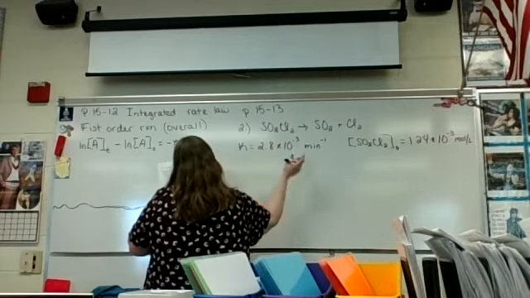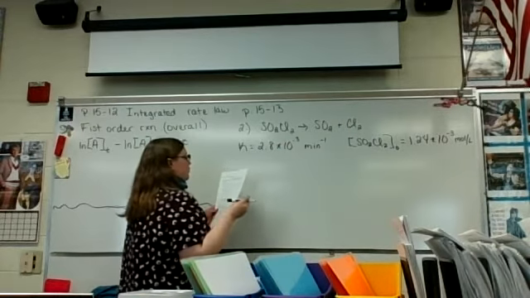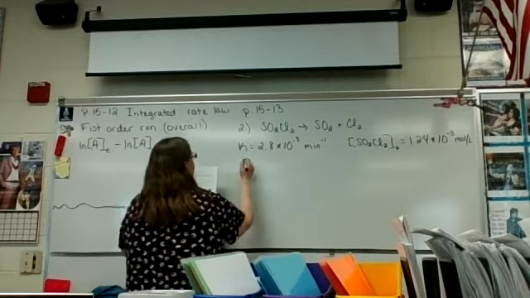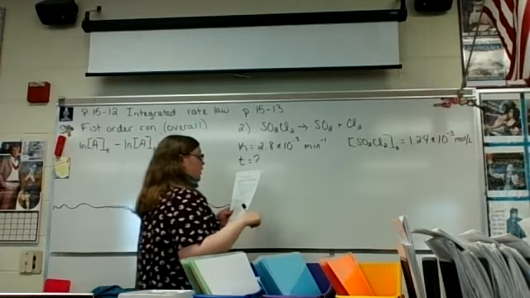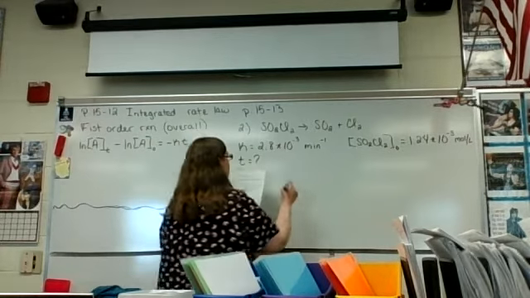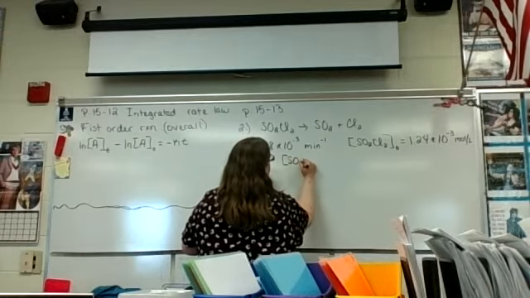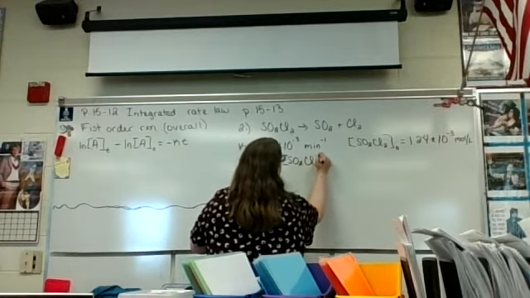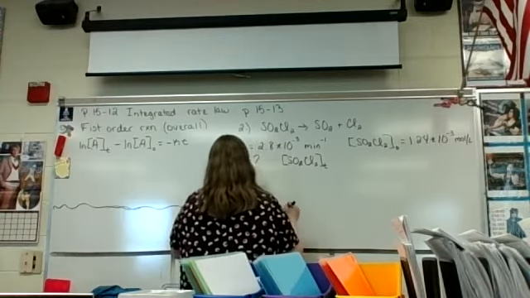If the initial concentration of SO2Cl2 is 1.24 times 10 to the negative third moles per liter, how long will it take? So we're finding t for the concentration of SO2Cl2 at time t.